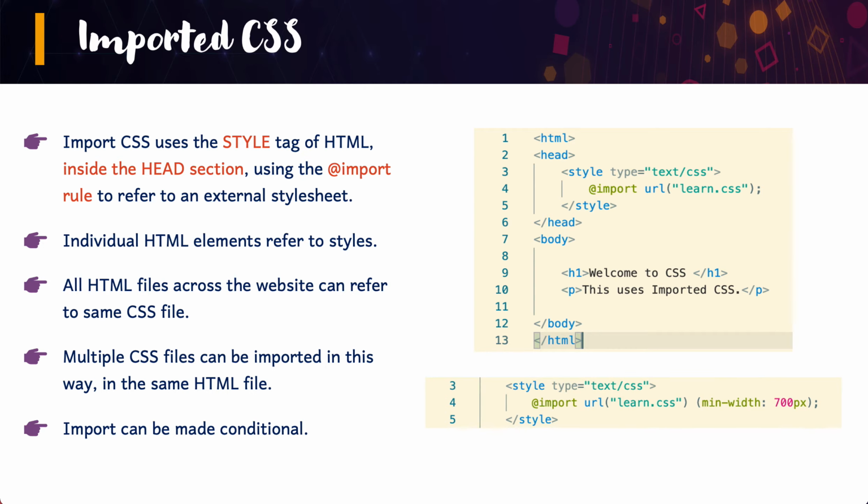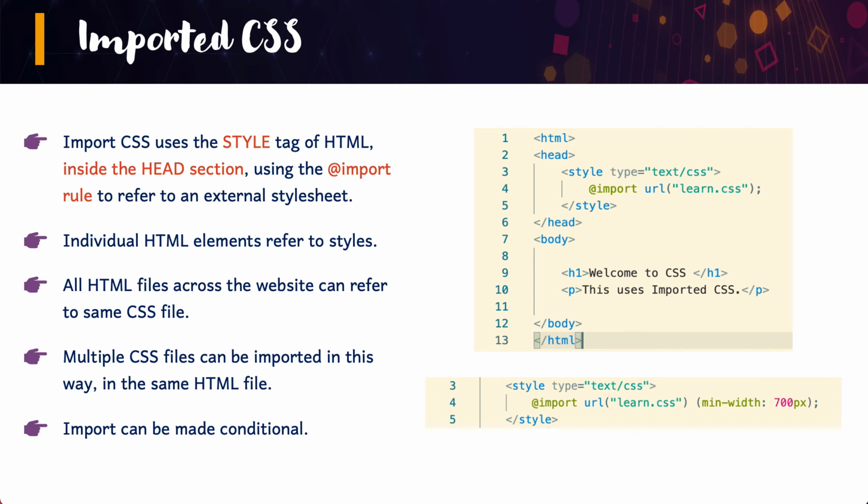You look at the example. In line number 4, we are conditioning the import with a min width of 700 pixels, which means that this CSS is loaded only if the viewport or the screen size of the browser is at least 700 pixels.